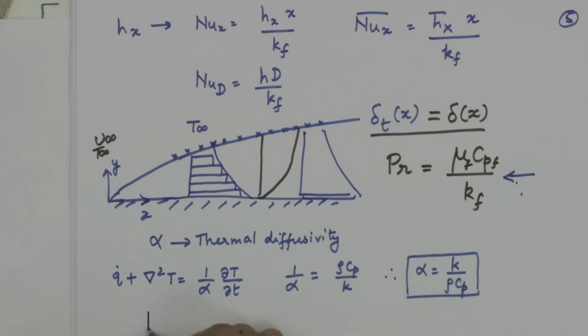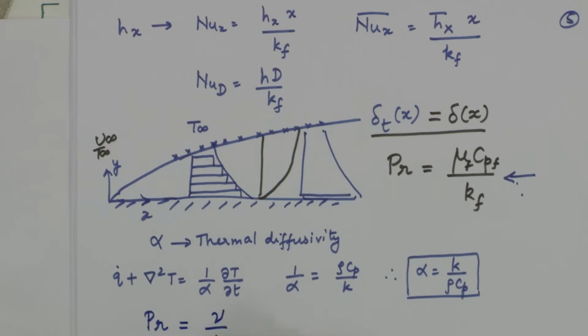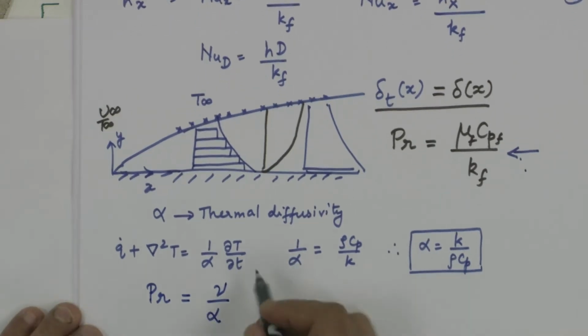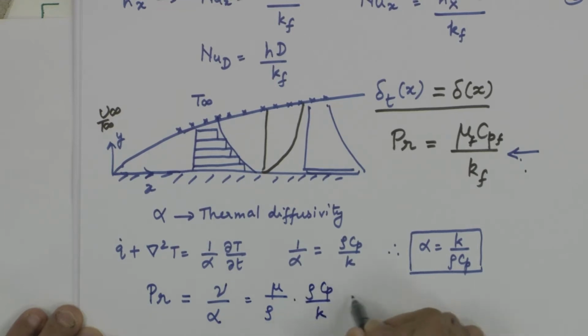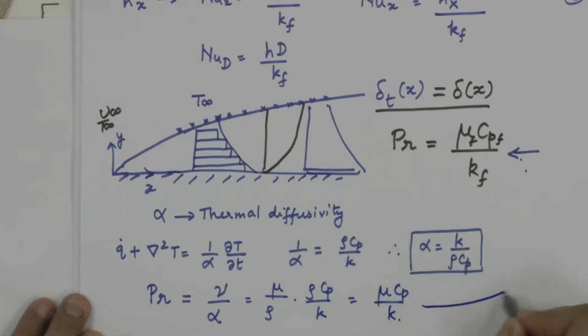So, Prandtl number is defined actually as nu over alpha. Nu is nothing but mu over rho, and 1 over alpha we wrote as rho Cp by K, and that is how you get the form mu Cp by K, which we saw here.